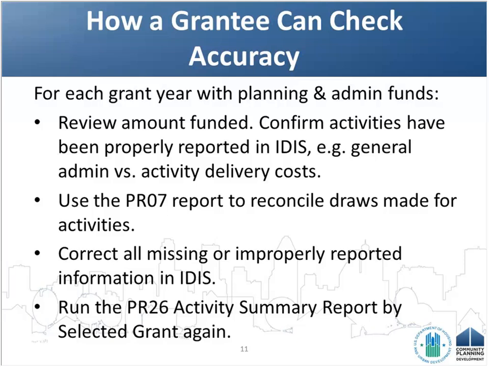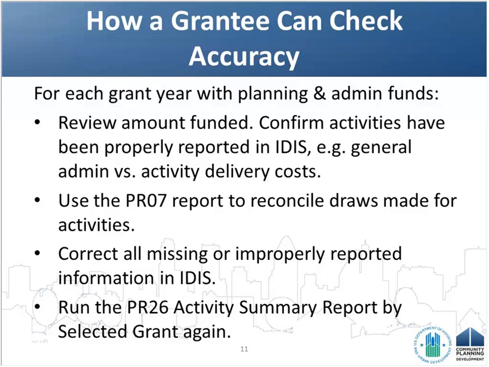The grantee can use the PR07 report, which is the drawdown by voucher report, to reconcile your draws for the activity. If you find any mistakes or misclassified vouchers, you can correct them in IDIS.